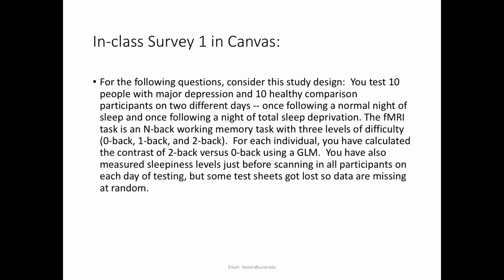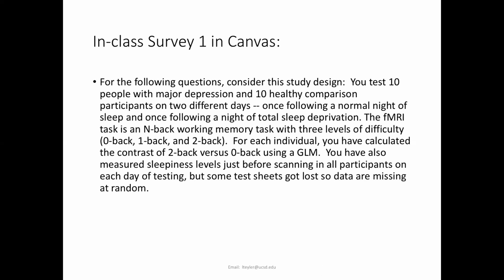For each individual, you have calculated the contrast of 2 back versus 0 back using a GLM. You have also measured sleepiness levels just before scanning in all participants on each day of testing, but some test sheets got lost, so data are missing at random.